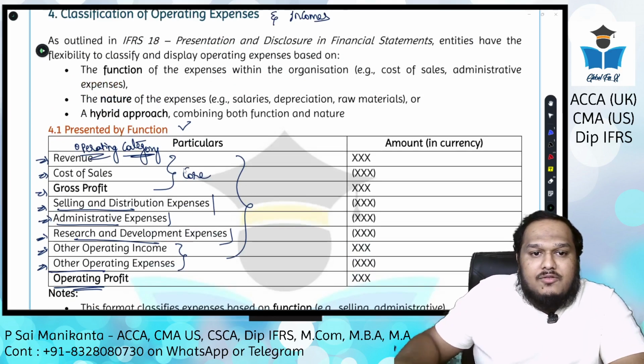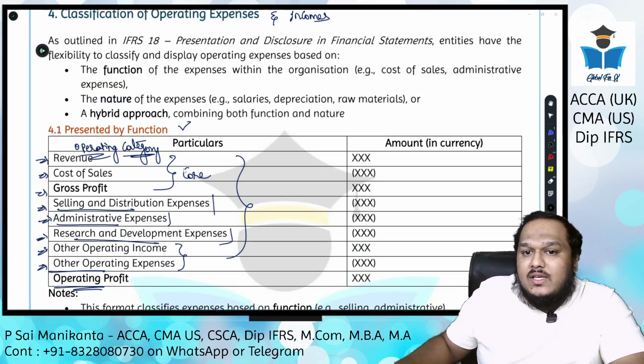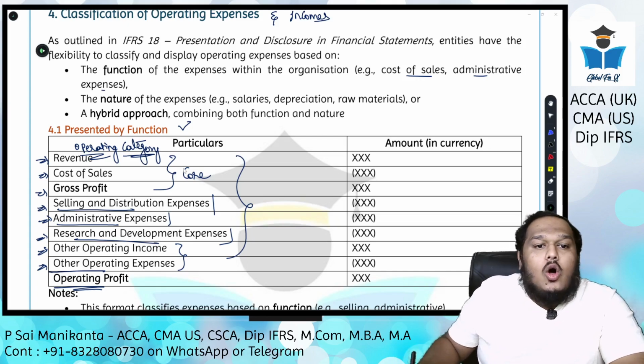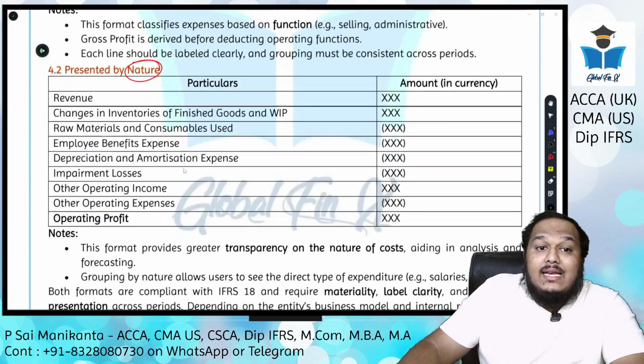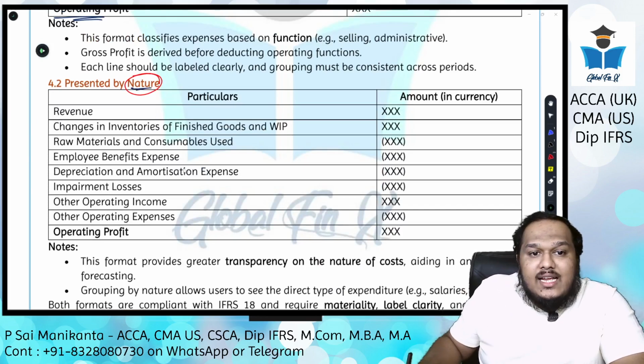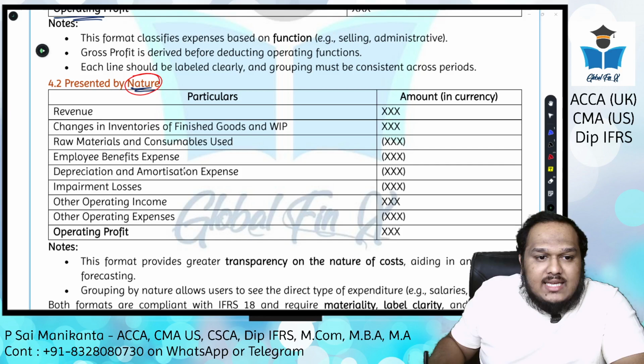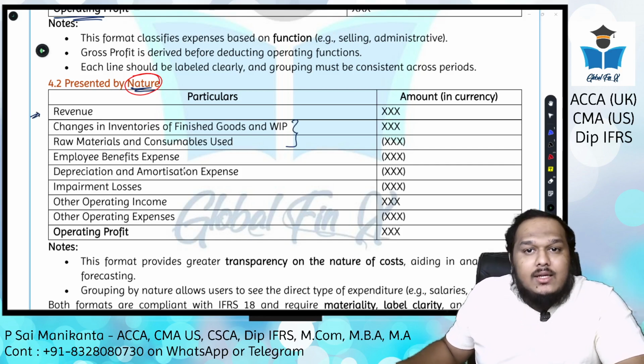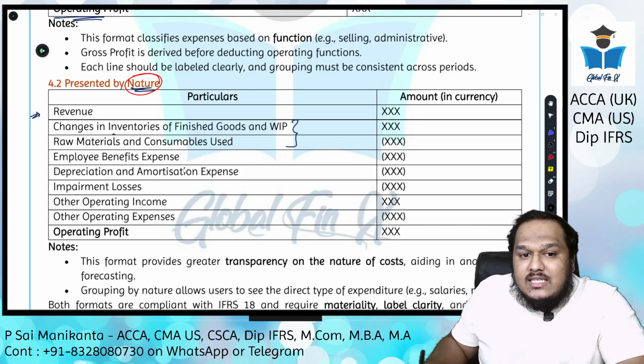Okay. See, function is what? The function of the expenses within the organization, like cost of sales, administrative function, etc. Or it could be presented by nature of the item. Sir, nature of the item means, like for example, cost of sales can be split into changes in the inventory of finished goods and work in progress.